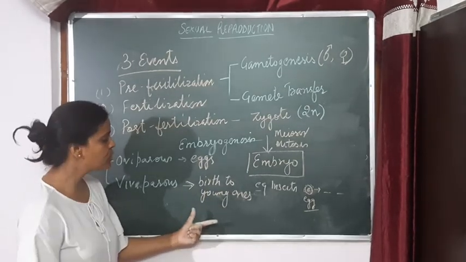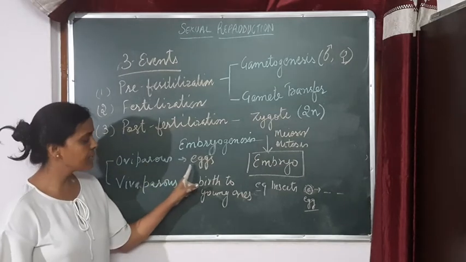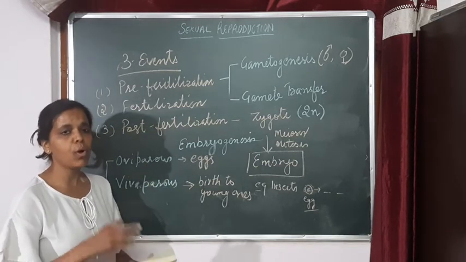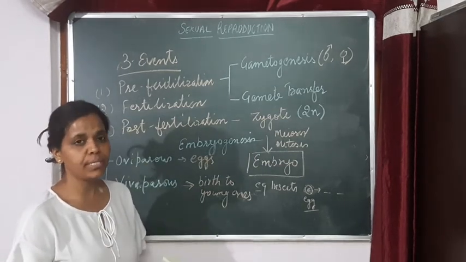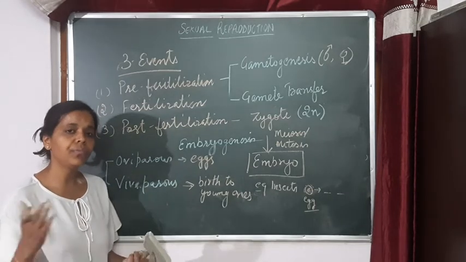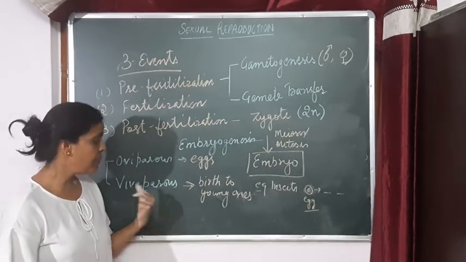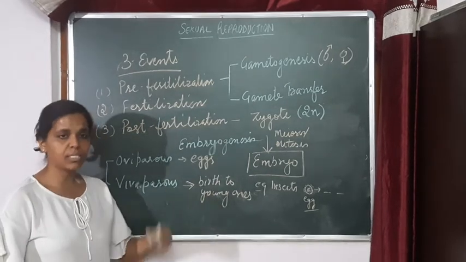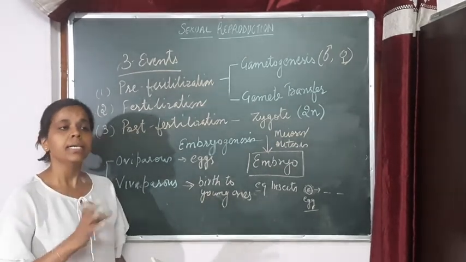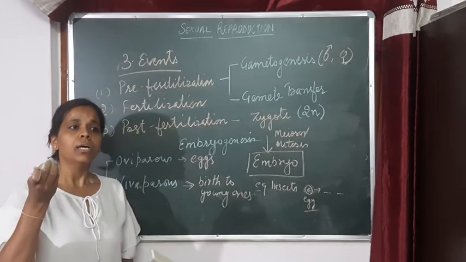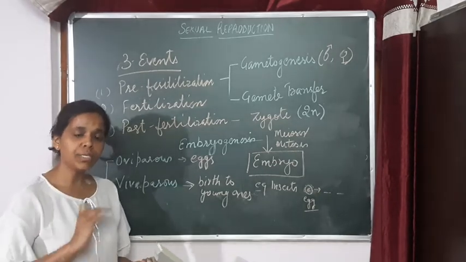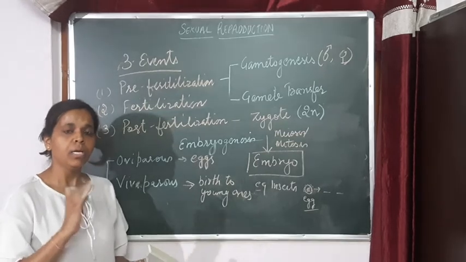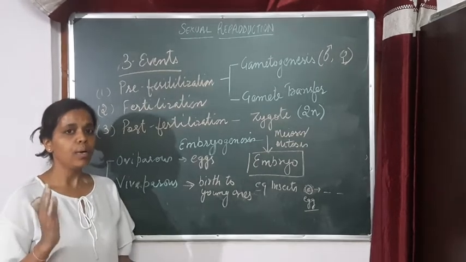So I mean to say that where eggs are produced, the yolk is not self-sufficient in some cases, so they undergo different stages. While in viviparous animals, like in mammals, we give birth to just young ones, and the egg is self-sufficient. It has huge nourishment, protection is proper, so they directly give rise to babies.